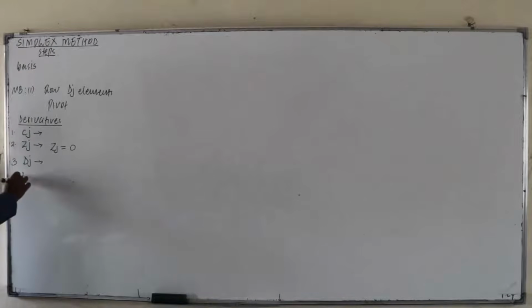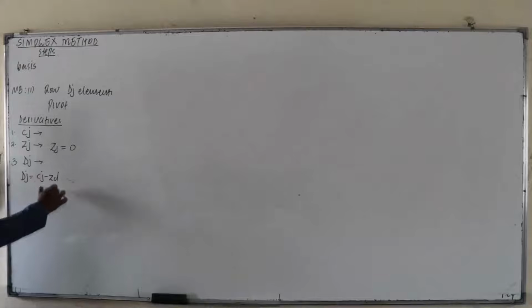Then you can write this formula. So to get DJ, it's CJ minus ZJ.